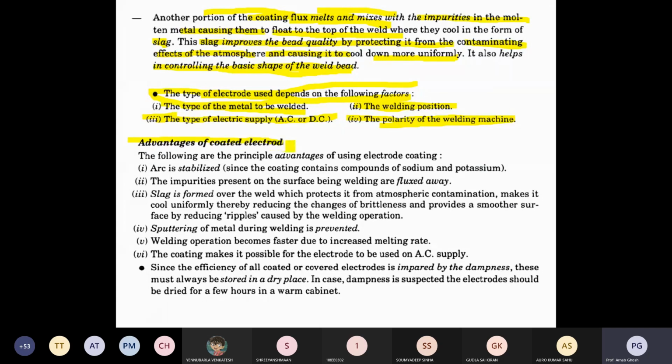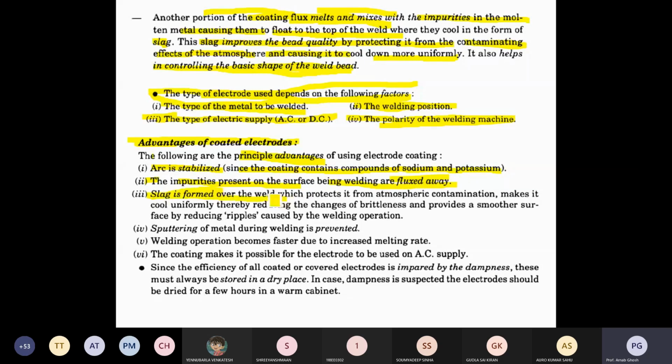Then what are the advantages of coating the electrodes? First one is arc stabilization, that is an important point. Since the coating contains compounds of sodium and potassium, it can provide you a stabilized arc. Number two, impurities present on the surface being welded are fluxed away.